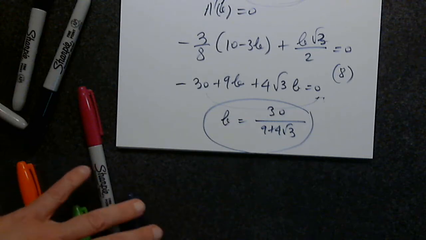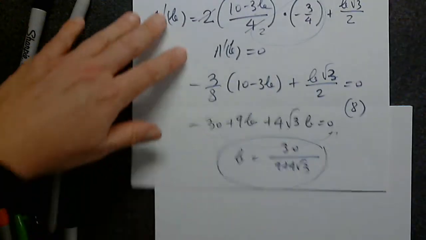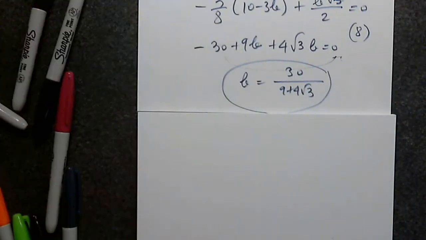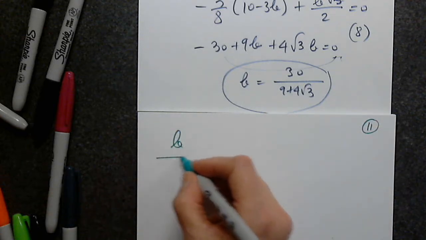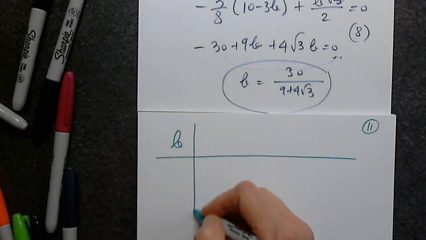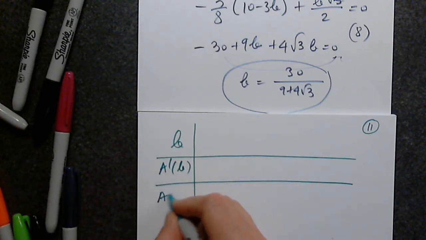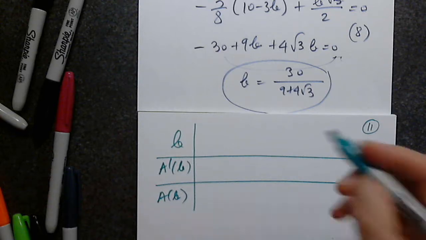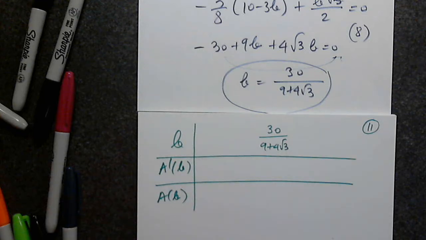Okay, so we have a critical number. So b, let's think for a moment. We want to find the domain of b. And somewhere I have to approximate. I don't even have an idea what this means.